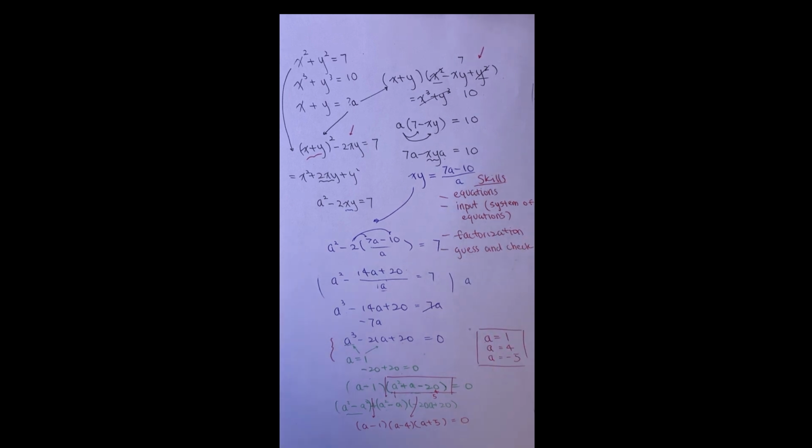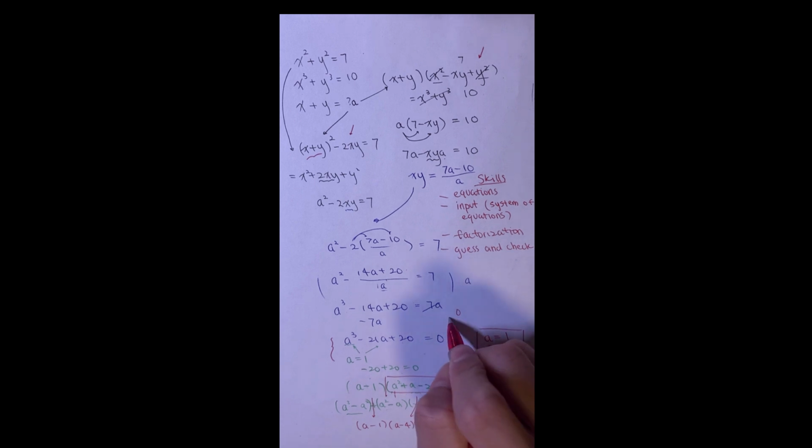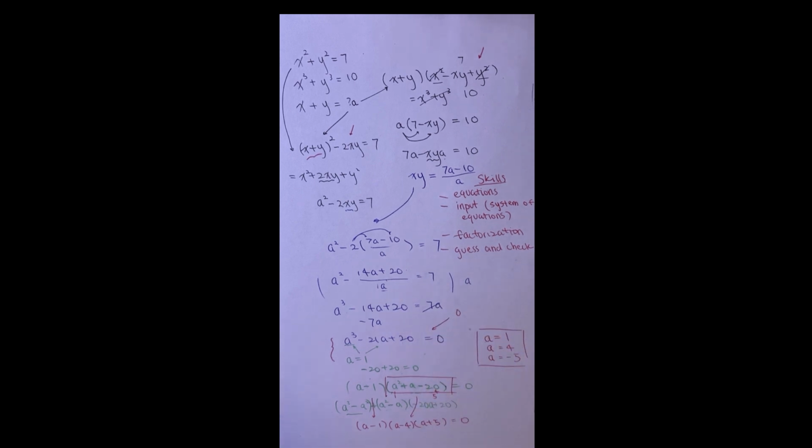All right, so what is guess and check? Guess and check is guessing a number, for example, 0, inputting it into the equation and seeing if it works. So 0, does it work? Not really, right? You get positive 20. Does negative 1 work? Not really, right?